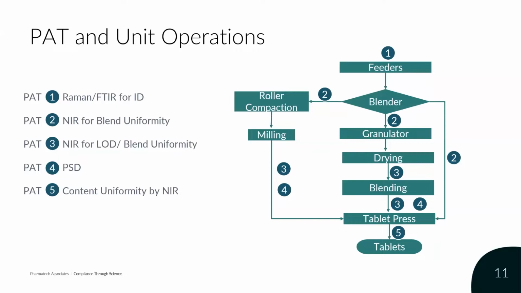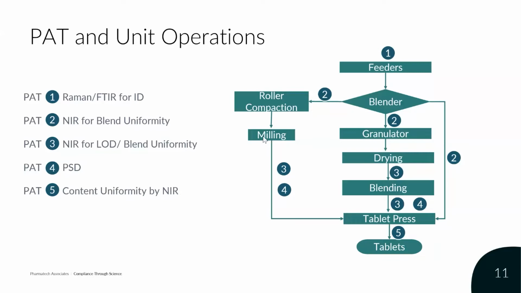In a dry granulation process, you're typically going to go, and I picked roller compaction. This is just probably the most common, but there are certainly others. This sort of a dry granulation produces ribbons, which can then be milled.